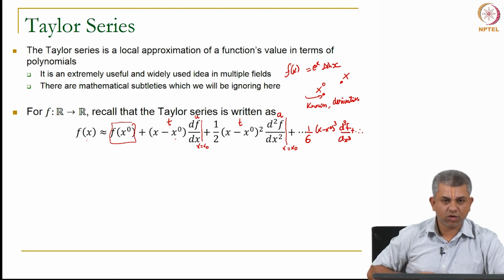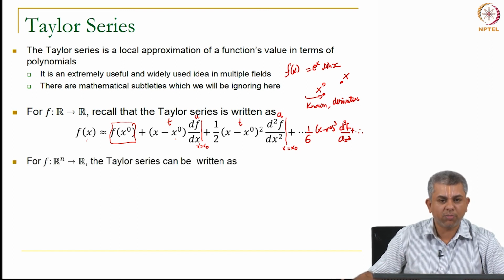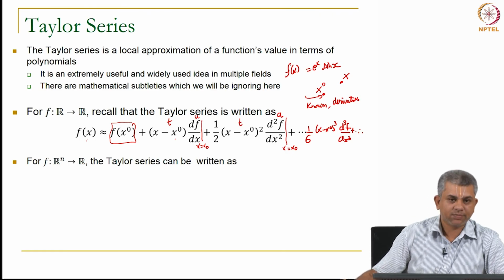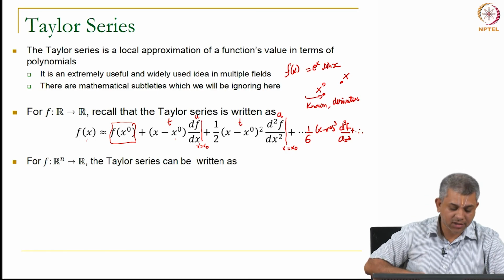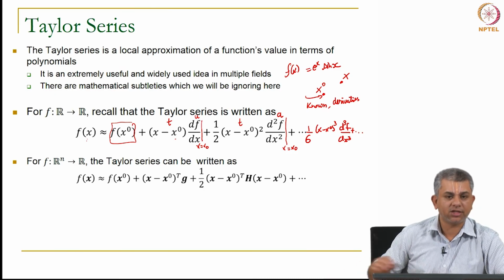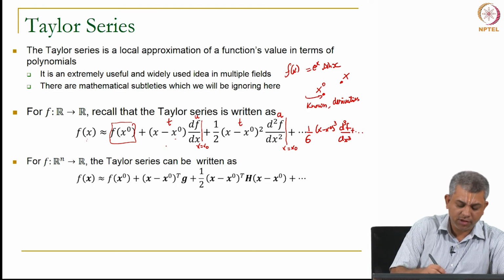So, the Taylor series should be familiar to you, but most probably you would not have seen it in the case of vectors. Okay. So, in case x, instead of being a scalar, is now a vector, you can now write the Taylor series. Notice the similarity between these two expressions.